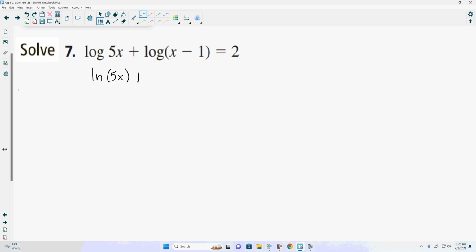I want to change this next one a little bit. So instead of doing log, we're going to do natural log for this one here. It'll change the answers a little bit.